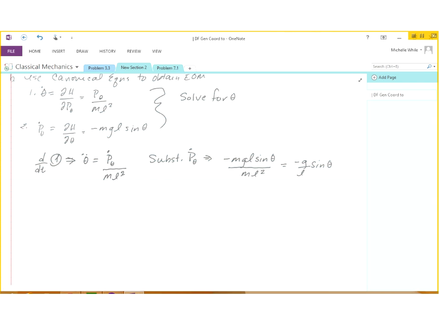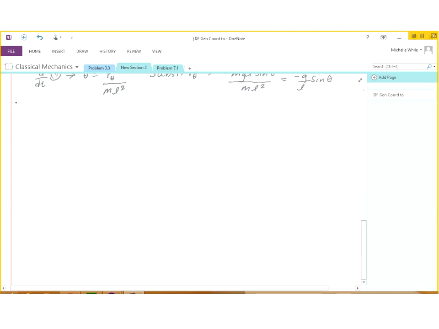Now we go on to part C, and we're asked to repeat part A and B. But this time the rod has a mass of m.